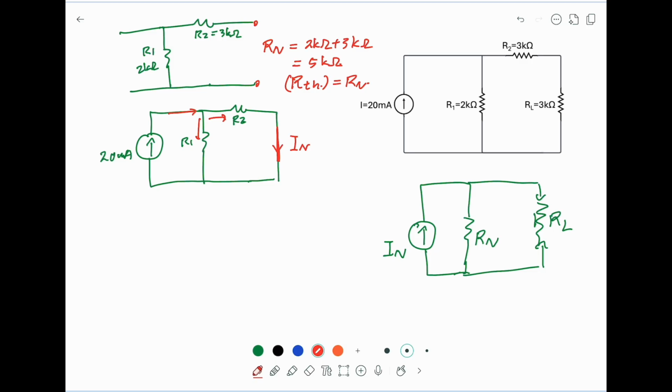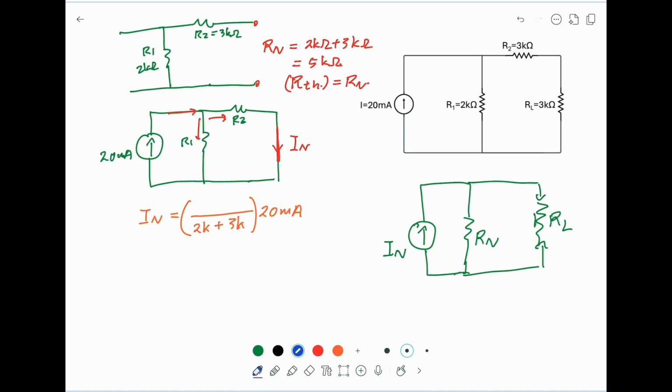So we can apply the rule for current divider. So IN, the current we want to find, is proportional to 20 milliamp. The denominator of the proportional constant is the sum of R1 and R2. It means 2k plus 3k.